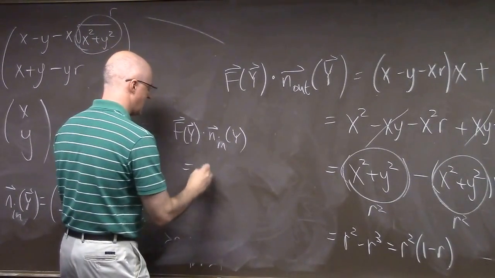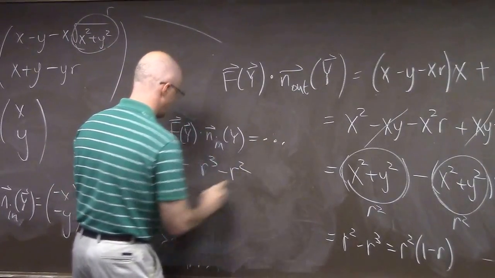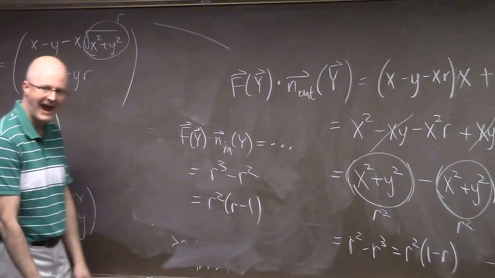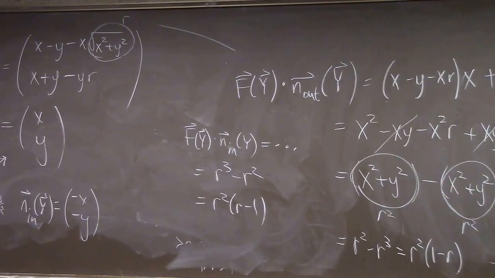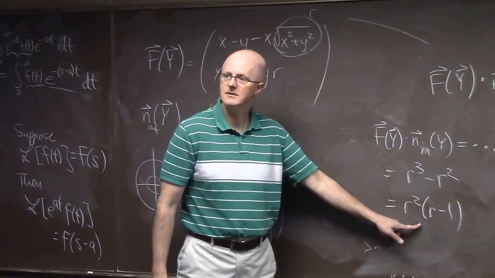Yeah, you ultimately get r cubed minus r squared. I'll let you check that out. R squared times r minus 1, and if r is 1/2, as it is along the inner boundary here, then this thing is also negative.